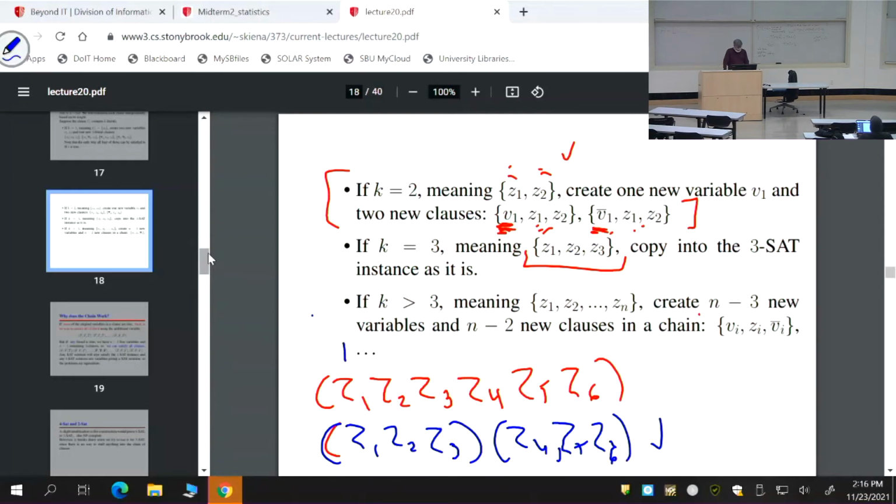What if I had true, false, false, false, false, false? What's going to happen here? This clause will come out true, and this clause will come out false, and so all of them are not satisfied. Does everybody kind of see it? These 2 clauses are not the same thing as what Z is. Any questions?